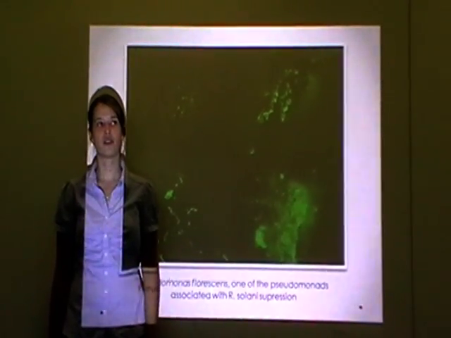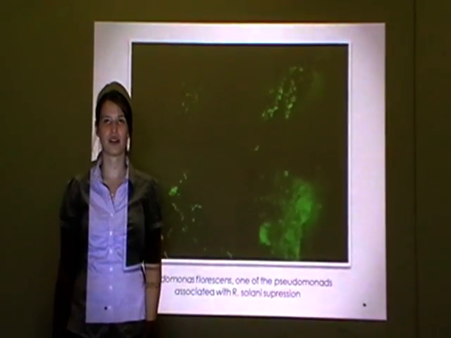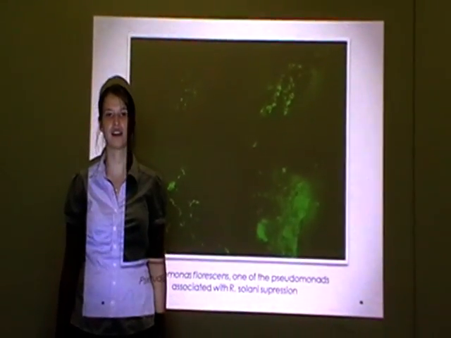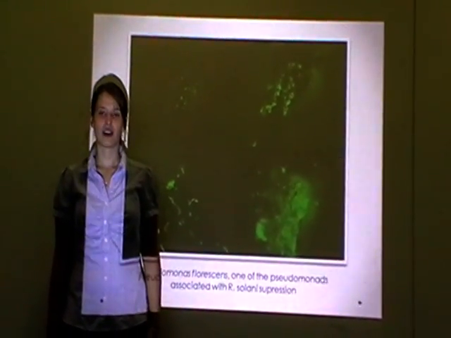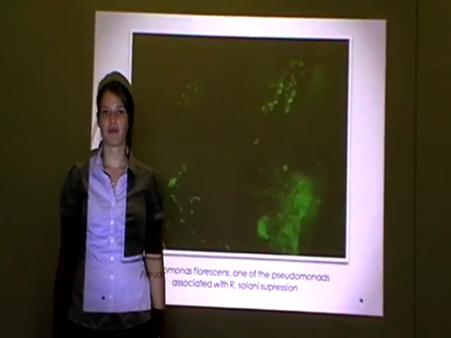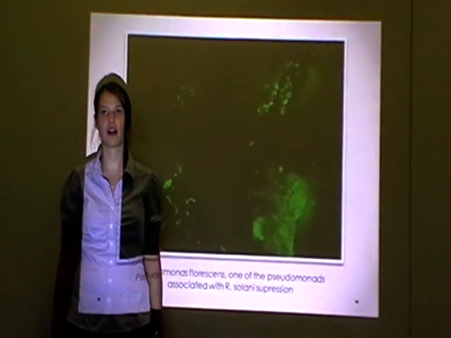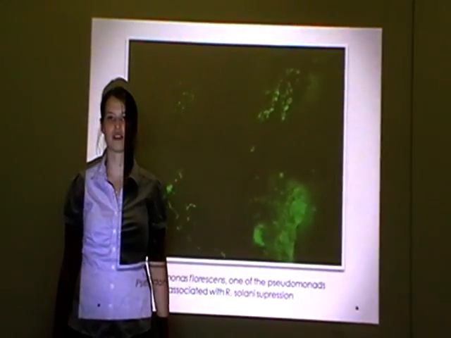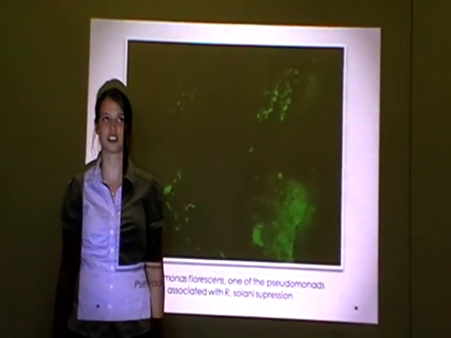They then tested the suppressiveness of each bacteria against R. solani. The most effective bacteria was then mutated, making it no longer function, allowing them to see the genes that actually helped it function suppressively.